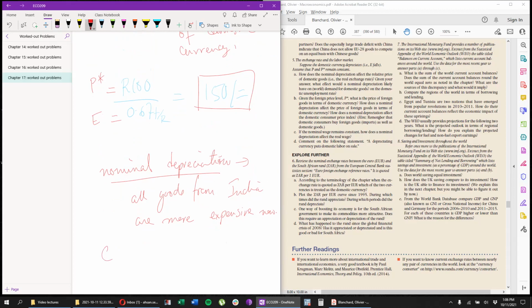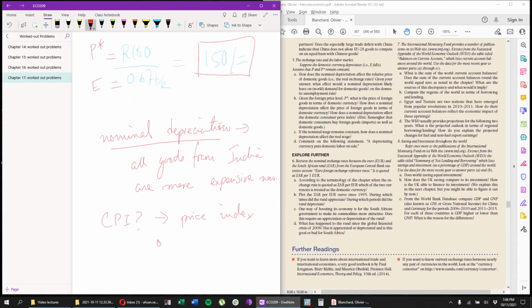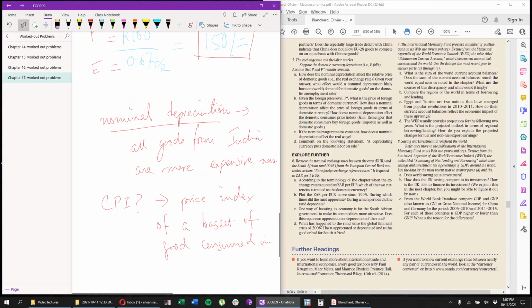Because of this, what will happen to our CPI? Remember, CPI is a price index. This is one of the things you all should remember. It is the price index of a basket of goods consumed in the country. What's important is that this is a basket of goods that are consumed, so it can be produced in Bangladesh or in some other country, it doesn't matter.